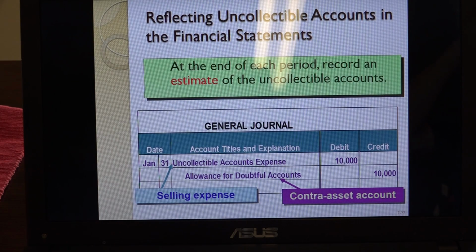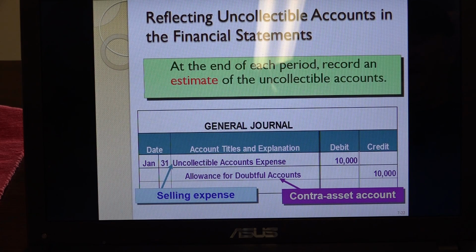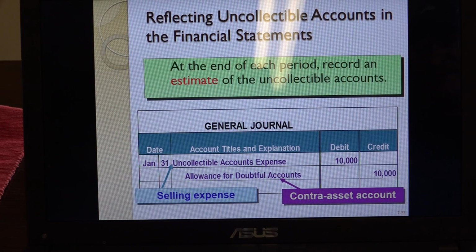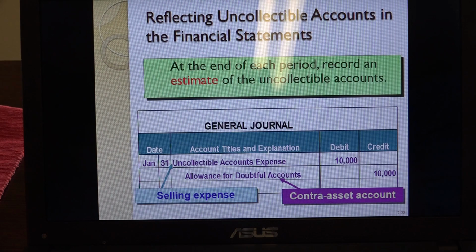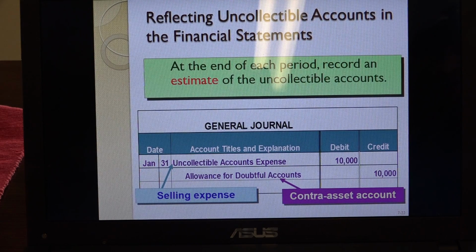And so we use an uncollectible allowance account called allowance for doubtful accounts, and so that's called a contra asset account, and we put it on our books, and in this case what they've done at the end of the year, which I guess is January 31st, is decided that they have $10,000 worth of uncollectible accounts.